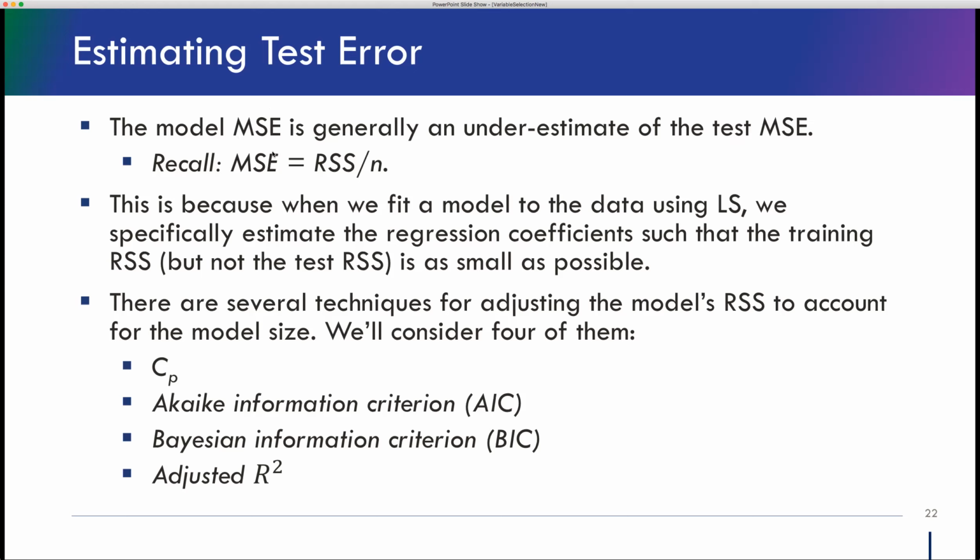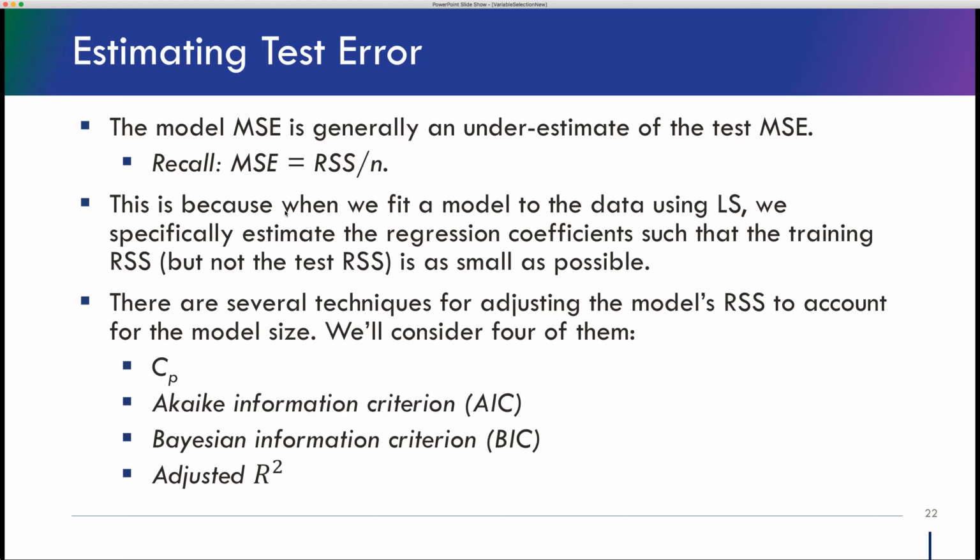Because this mean square error is underestimating the testing mean square error, we try to do an adjustment to overcome this underestimation. And why is it underestimated? Let's talk a little bit about it.